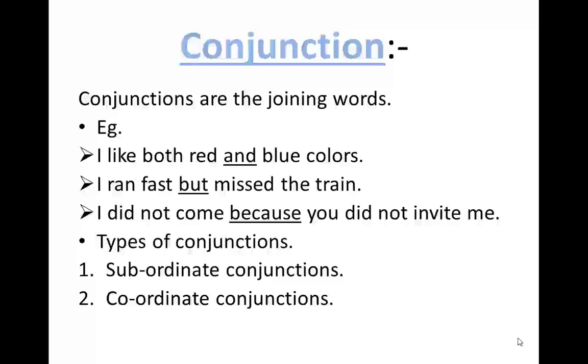Its function is given to you, that is how it is used. Subordinate conjunctions depend on each other. For coordinate conjunctions, both the sentences are of equal rank. The examples are also given with the exercise. Just solve this exercise, filling them with the proper conjunctions.